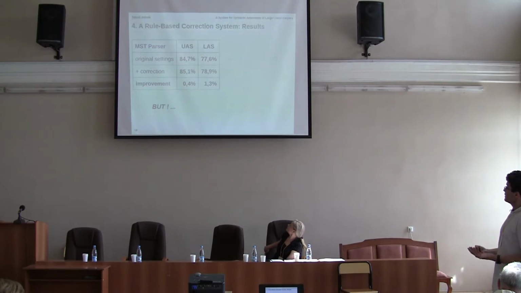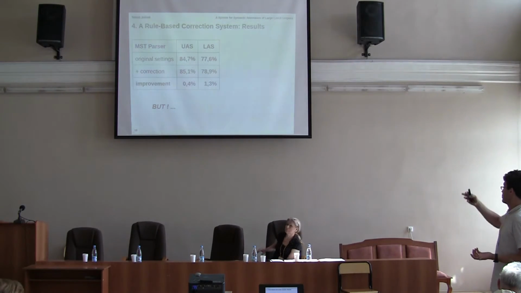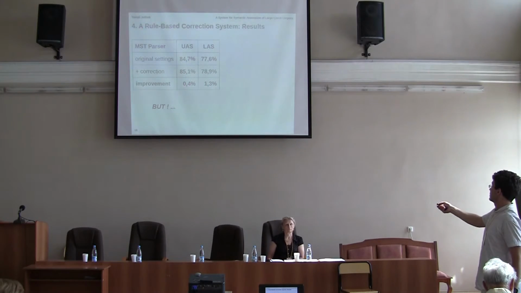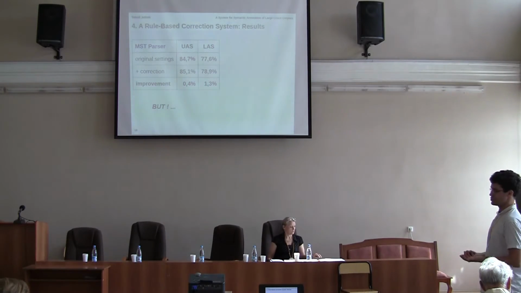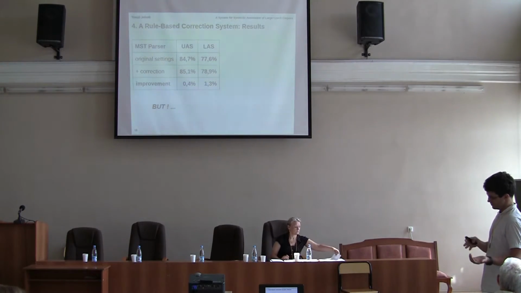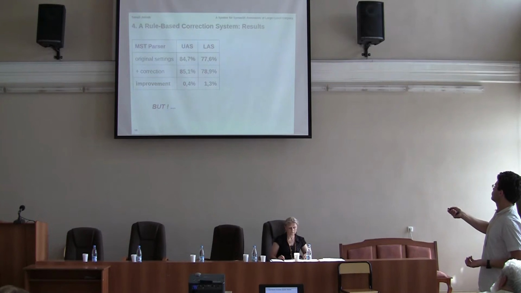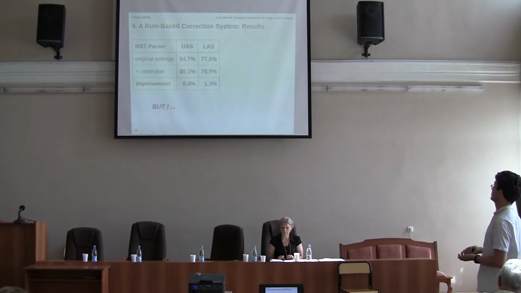So the result in the beginning was not very bad. The improvement was not as big as the one I showed in the later experiment, but we achieved some improvement in unlabeled attachment score and a bigger improvement in labeled attachment score.